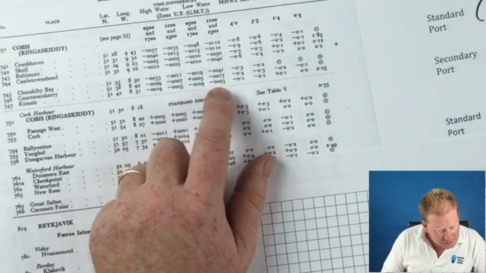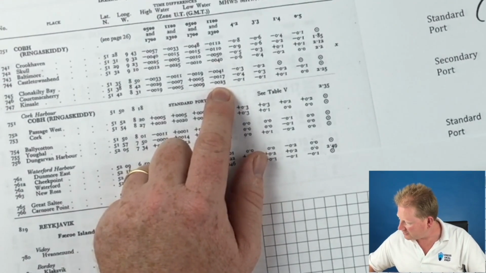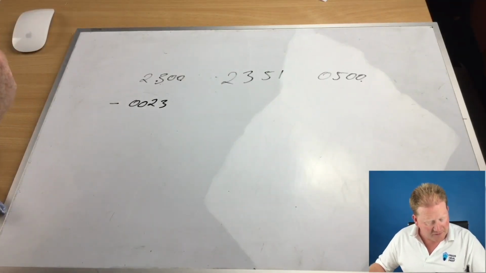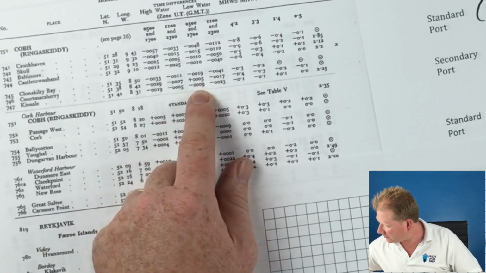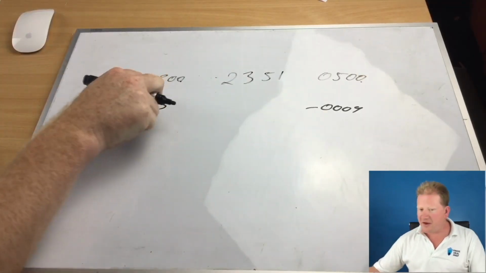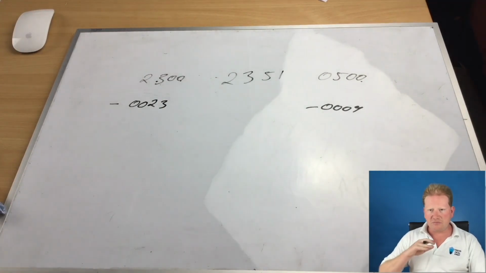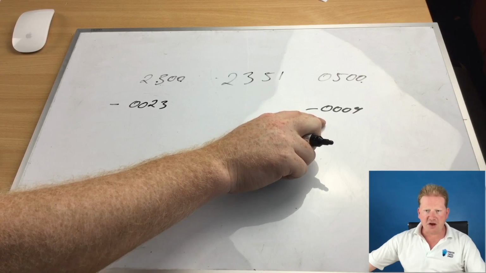If it was 2300, the correction would be minus 0023. If it was 0500, the correction would be minus 009. So if the low water time was 11 o'clock, it would be just a correction of minus 23 minutes. If it was at 5 o'clock, it would be a correction of minus 9 minutes.